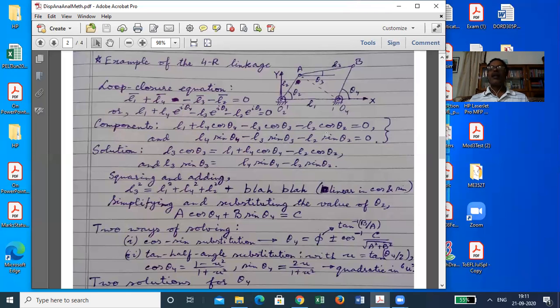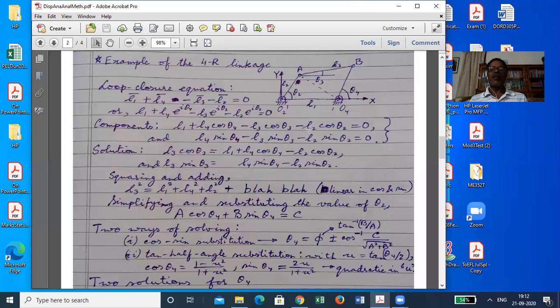And suppose theta 2 is given. There are three variables here: theta 2, theta 3, theta 4. Okay. Variables in the sense that they vary as the mechanism operates, not necessarily unknown. Now, one of them will be known because it is a single degree of freedom mechanism. So one variable has to be known, then only you can determine the others.